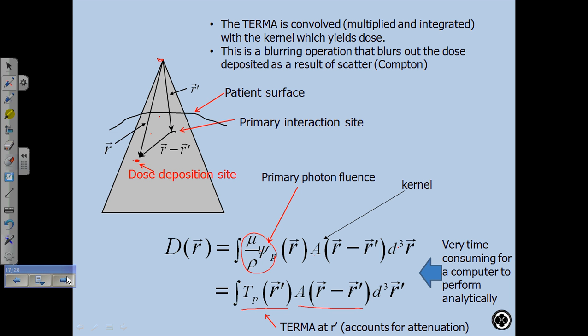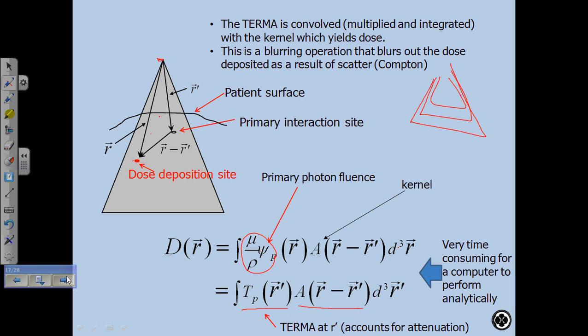Why is the kernel a blurring function? Because if we didn't have a kernel and we just say, oh, let's just integrate the TERMA, that's just going to give us attenuation as if nothing scatters. Everything goes straight. Okay, photon interacts with an electron and it goes straight. And so we get this isodose distribution that would look like blocks. It would look like this.